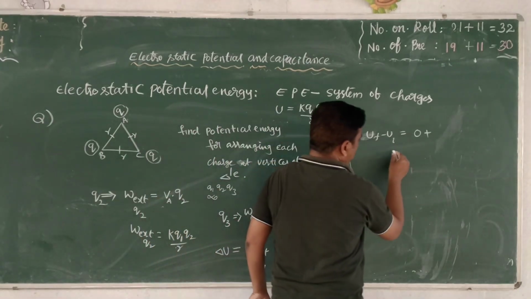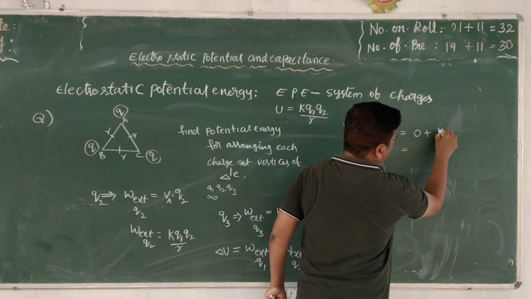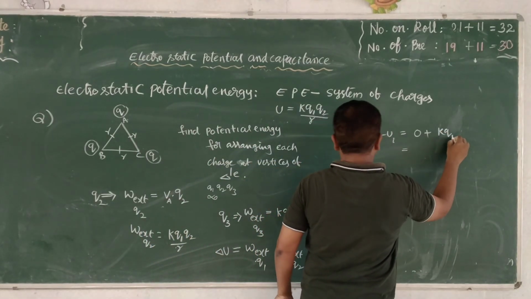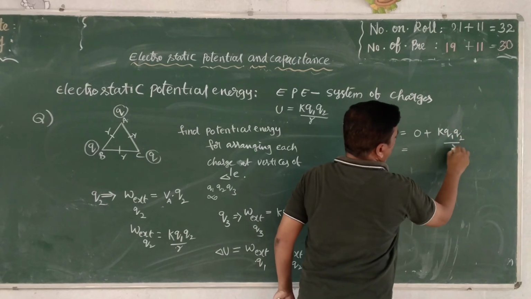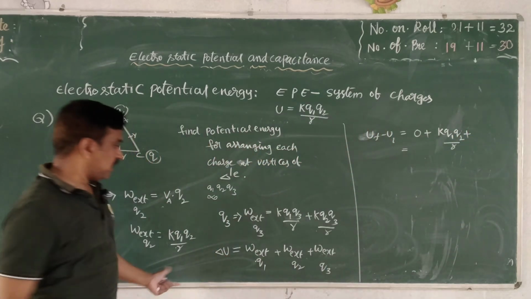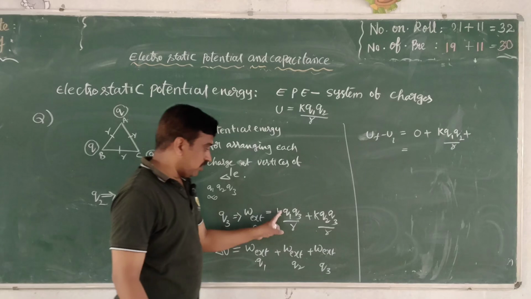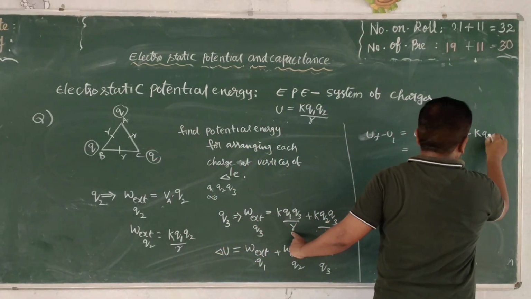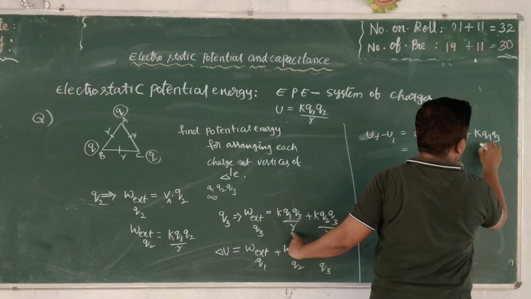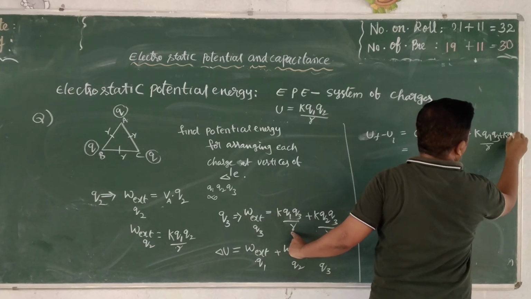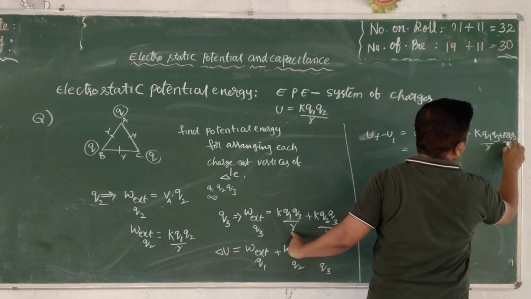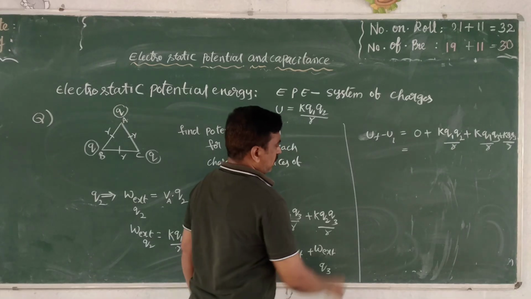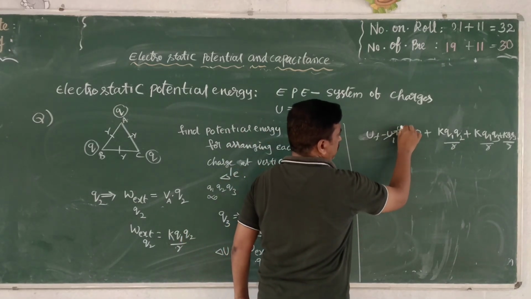So I write k q1 q2 by R, plus the work done in bringing q3 charge, which is k q1 q3 by R plus k q2 q3 by R. The initial value is 0 because it is at infinity.